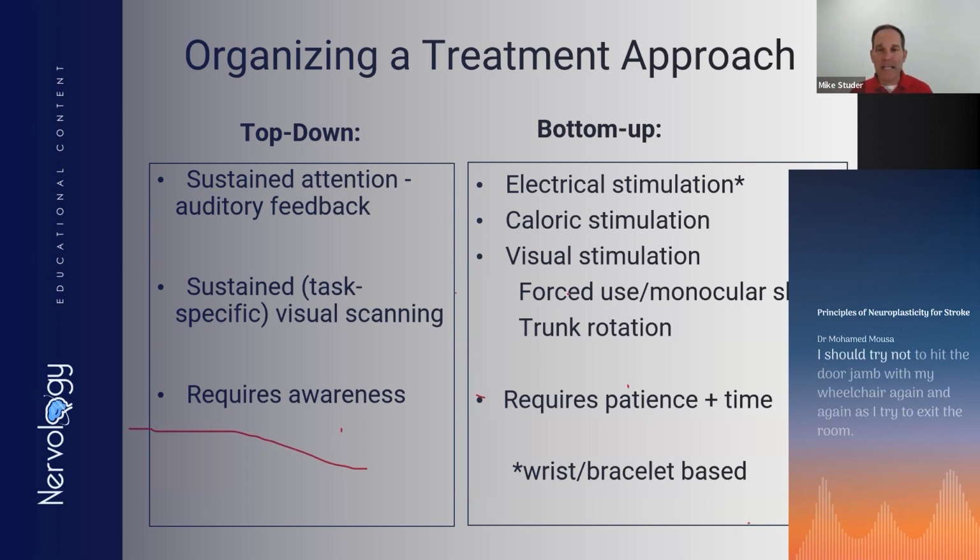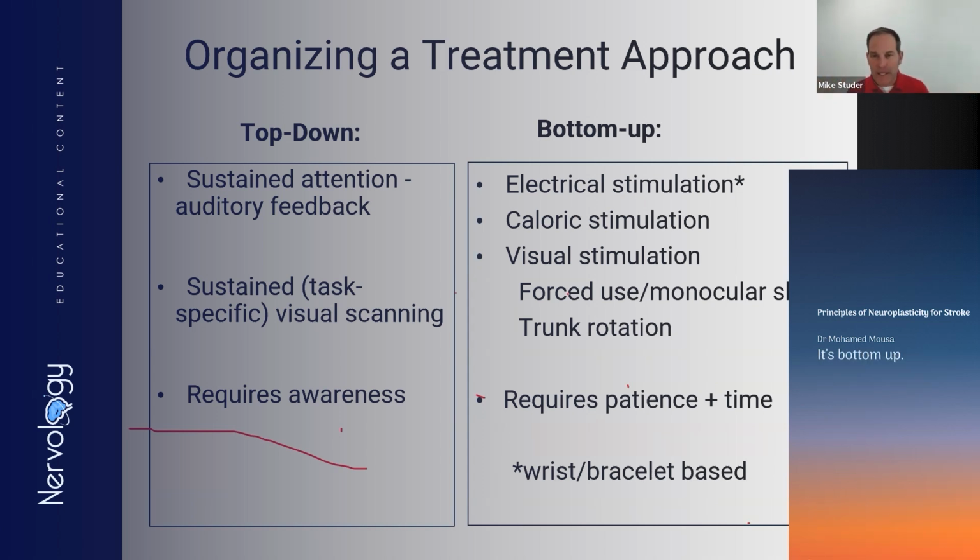I should try not to hit the door jamb with my wheelchair again and again as I try to exit the room. Top-down means the brain is understanding and learning and changing your approach. Bottom-up means I'm actually talking to the brain by way of the extremities or the environment.